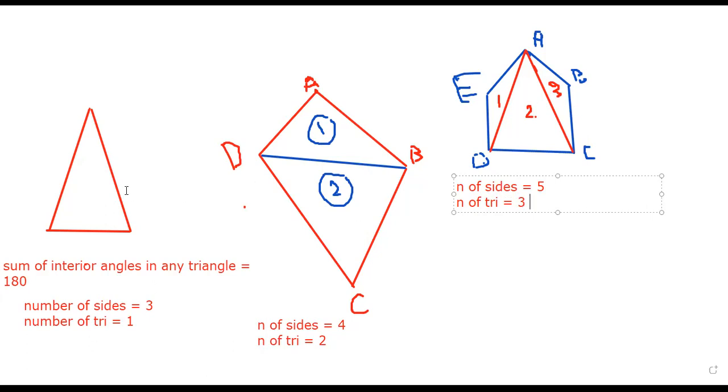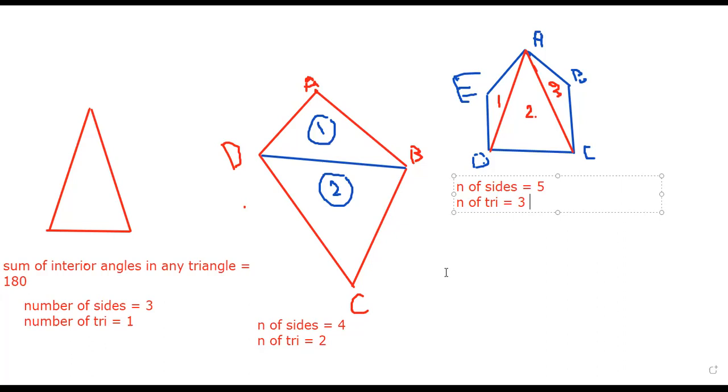What do you notice every time? Is there anyone who can notice anything here? Minus 2 every time, which means every time the number of triangles is the number of sides decreased by 2, right?